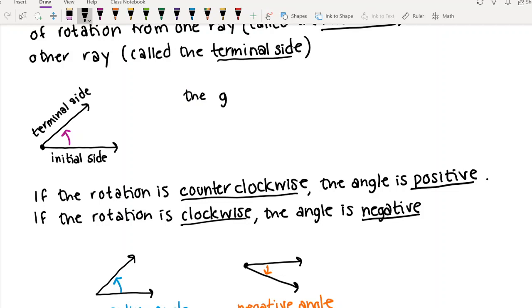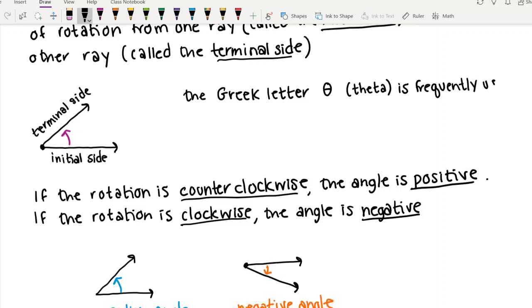The Greek letter, it looks like a capital O with a line through it, and it's pronounced theta, is frequently used for angles. So for example, in the drawing that I have on the left, we might put a Greek letter there, theta, to say, okay, that's the angle that we're talking about. Or you might say, theta is equal to 30 degrees, or theta is equal to 50 degrees, or whatever it is.